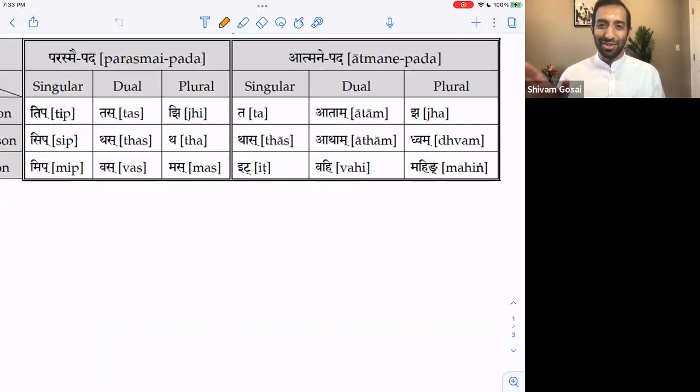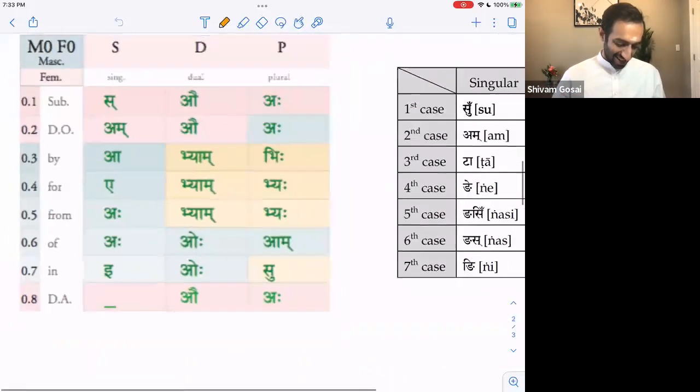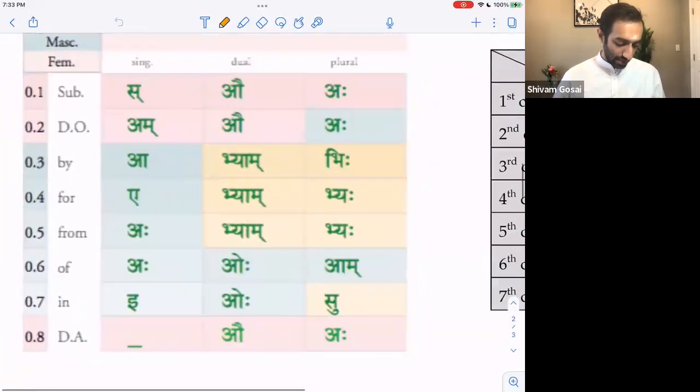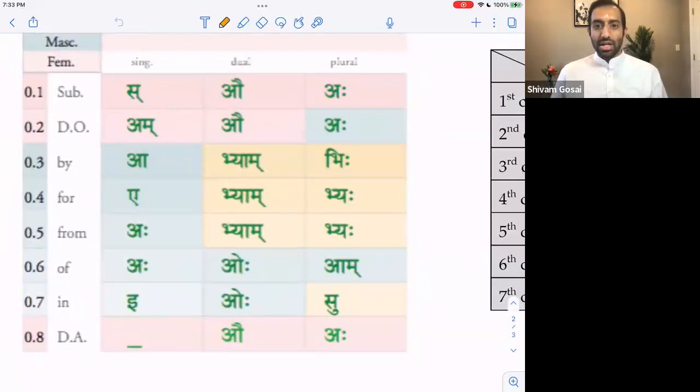This looked so unfamiliar, and now it's starting to come, right? We were doing the su-o just, but we're going to try it without the it letters. Sa o aha. You can repeat after me, okay? Sa o aha. O aha. Abhyam bihi.